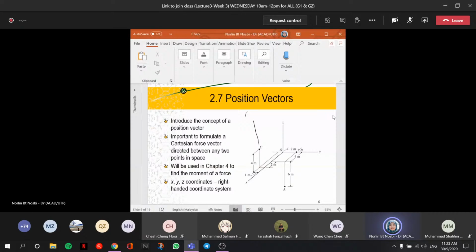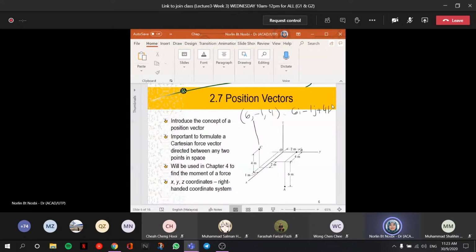If you change this coordinate into a position vector, it would be 6i minus 1j plus 4k. Okay, now the same goes for the others, B and A. I'm sure you all know this one.